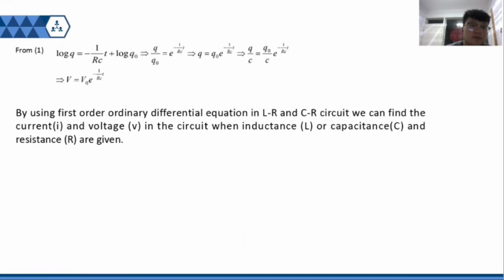From equation 1, we can get the formula for V. So if we know the value of inductance or capacitance and resistance, we can use the first order differential equation in LR and CR circuits to find the current and the voltage in the circuit.